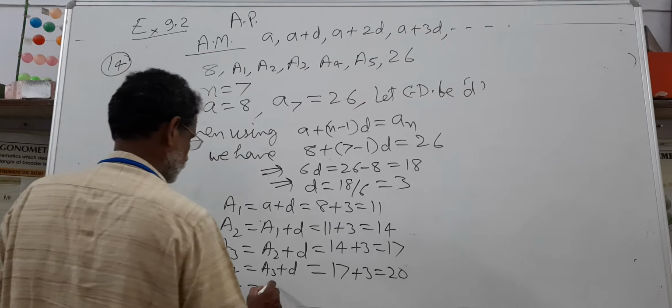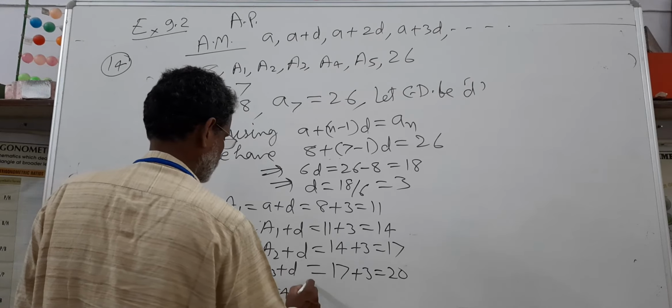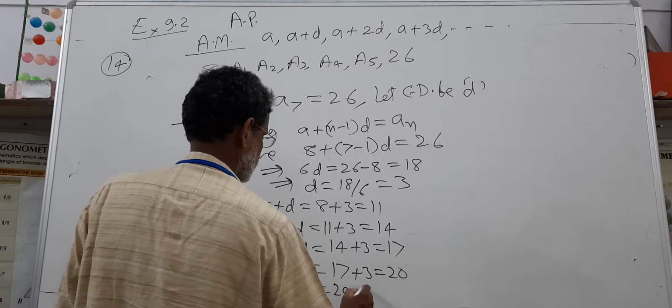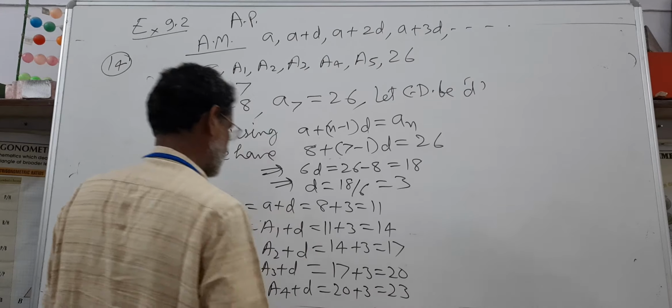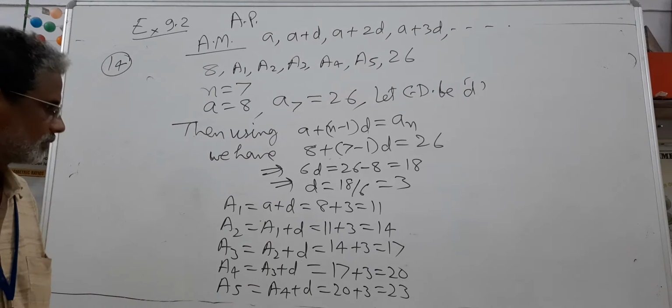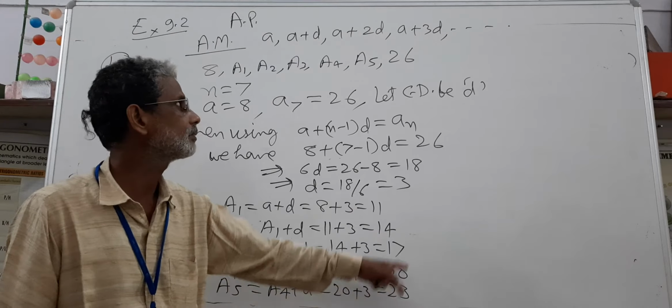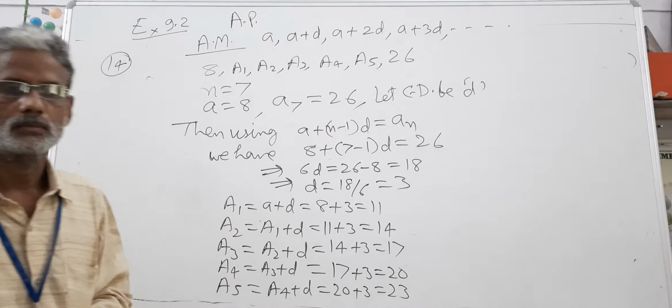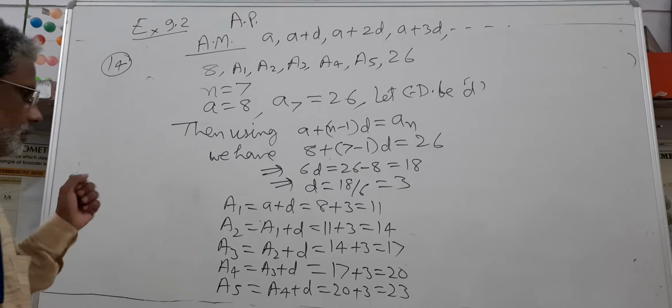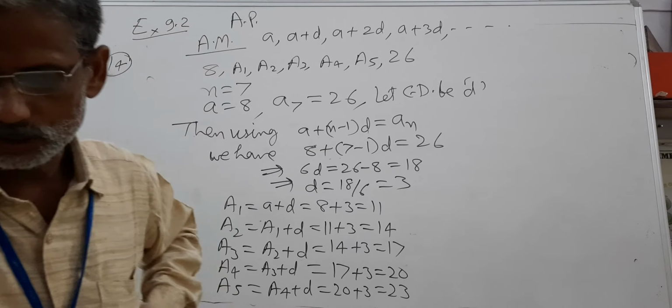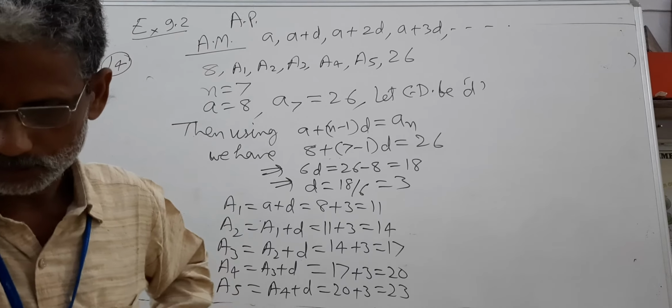A5 is equal to A4 plus D, 20 plus 3 is equal to 23. And next term will be 23 plus 3 equal to 26. In this manner, you can solve questions related to arithmetic mean.